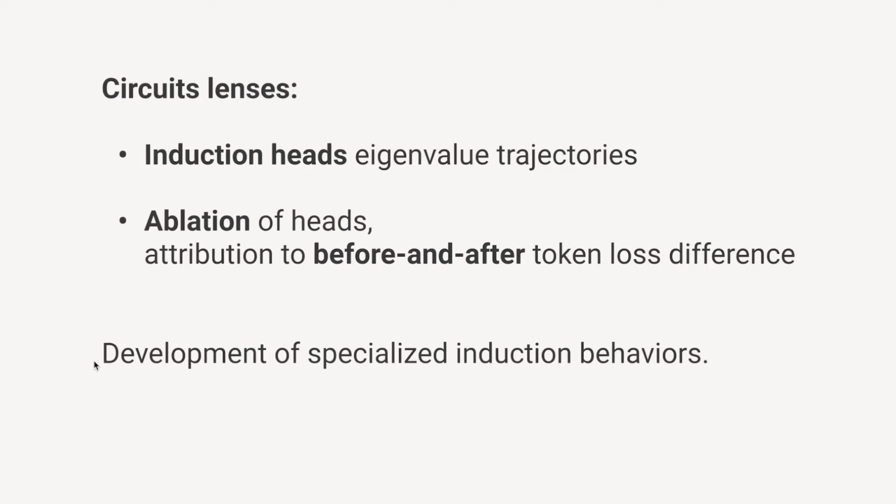What we'll see here, as I've been gesturing at so far, is the development of these specialized induction behaviors, where induction heads have really come into their role, having induction-like eigenvalues and driving induction-like behaviors.